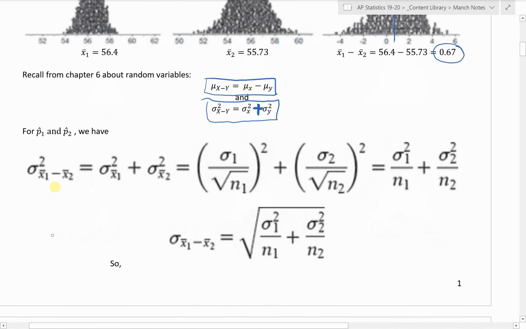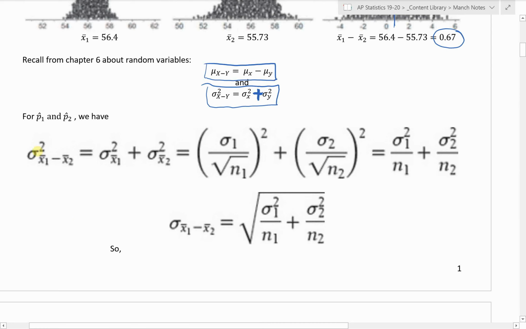When we do that, so we're saying if we want to find the variance of the difference of two sample means, that's equal to the sum of the two sample means' variances, right? And we know that variance is just standard deviation squared.